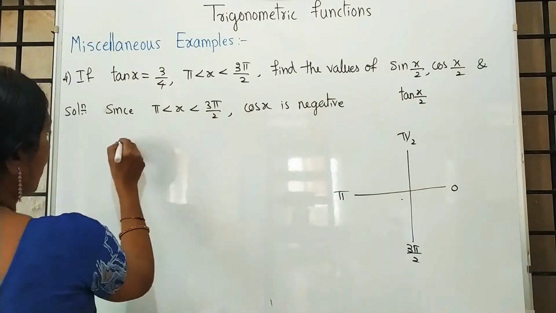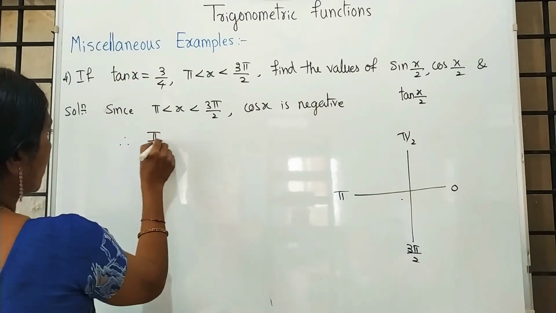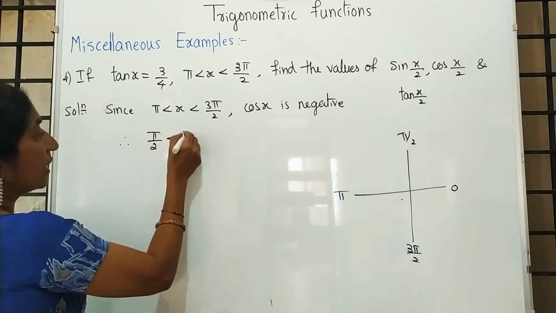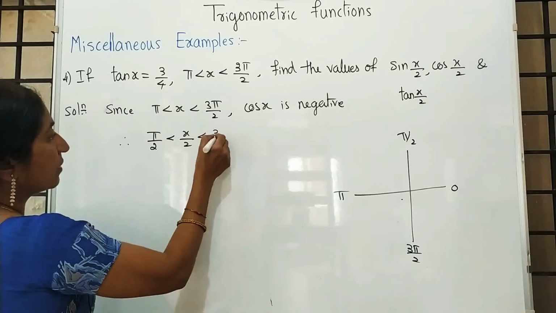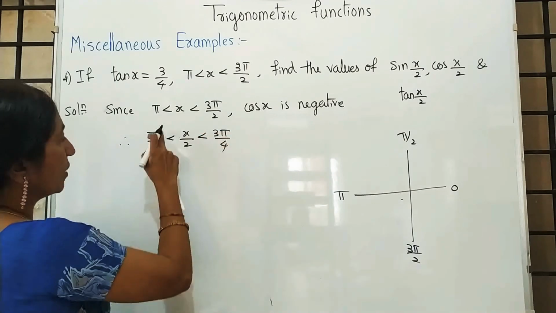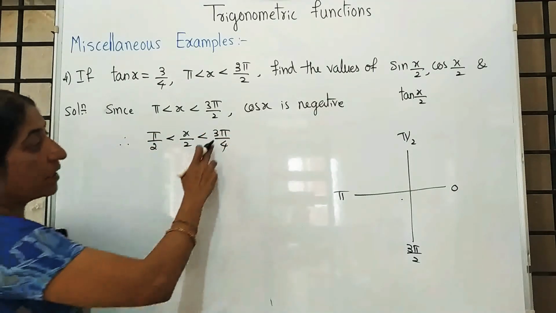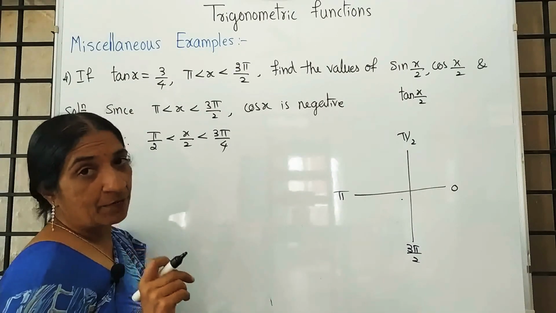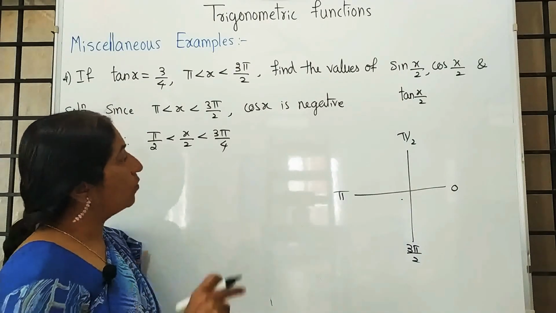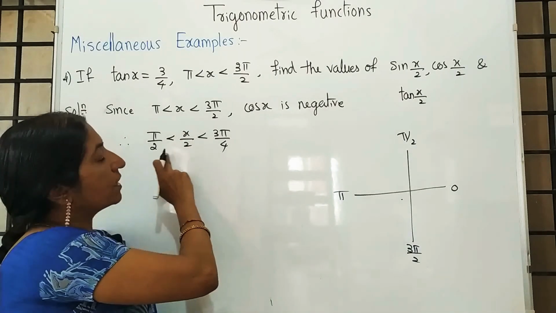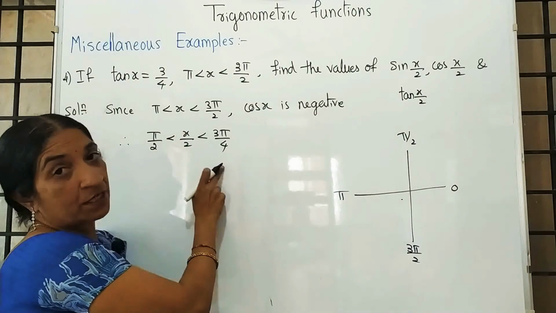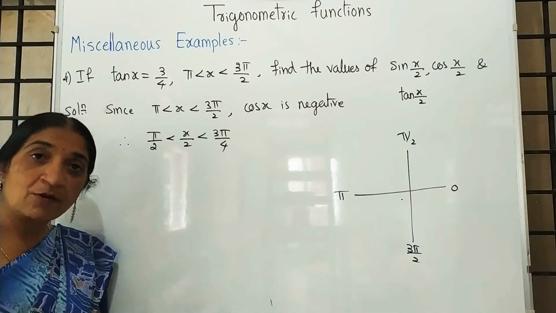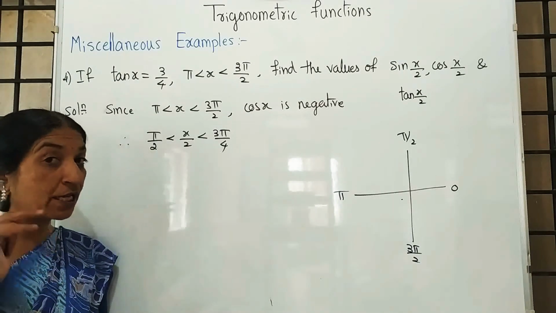Divide each term by 2, then you will get x by 2 between pi by 2 and 3 pi by 4. See, pi by 2 is 90 degrees, 3 pi by 4 is 135 degrees. So actually where does it come, in which quadrant? Now x by 2 is lying between these two values, means it is in the second quadrant. In the second quadrant, cos is negative, tan is negative, only sin is positive.